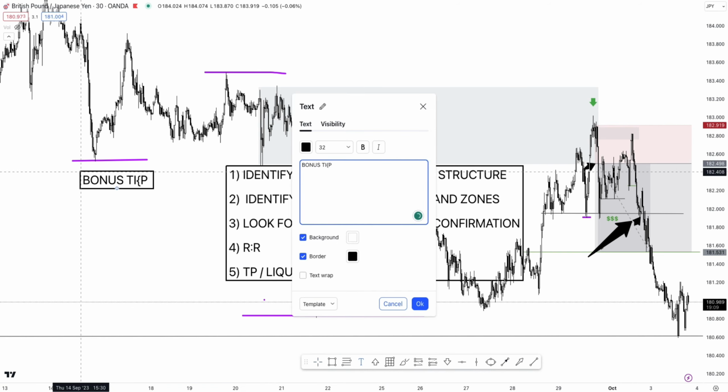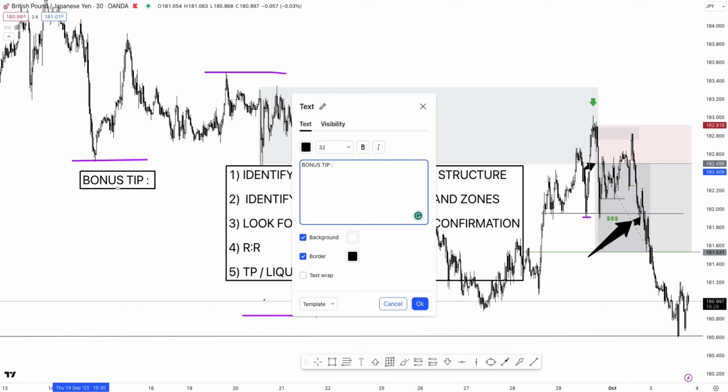A bonus tip would be, hold on. Let me just write that down. Bonus tip would be to, oh yeah, that's what I just said.